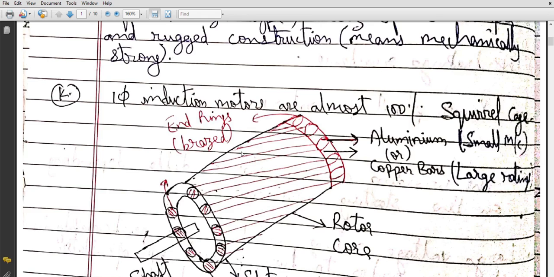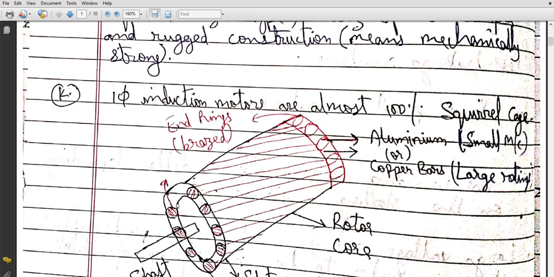These are aluminum bars which are put inside these slots, and these are end rings which are used to short circuit these aluminum or copper bars. These are brazed end rings, which short circuit the bars.